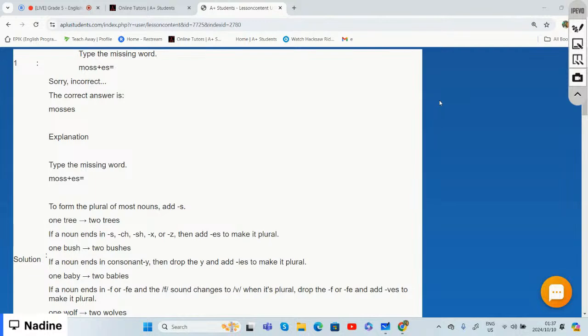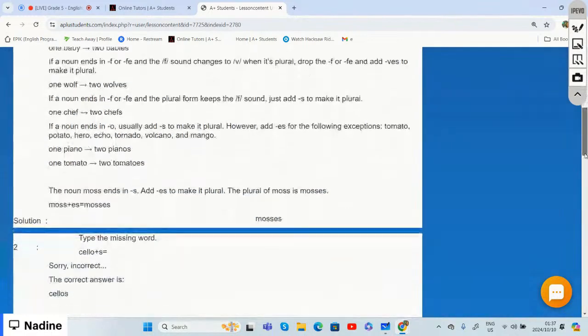You'll mainly find mosses in wetlands, where you'll find rivers, ponds. That is where you'll find mosses. All right, so mosses it is.